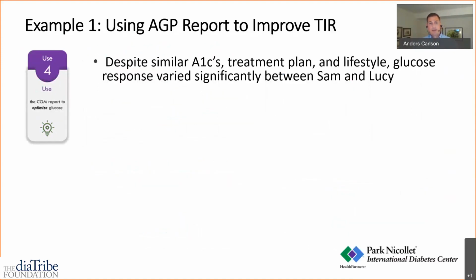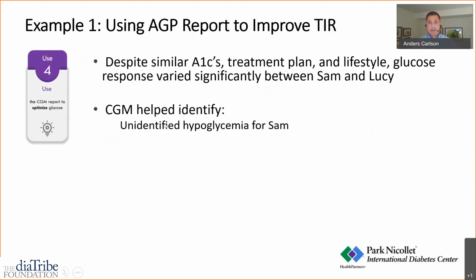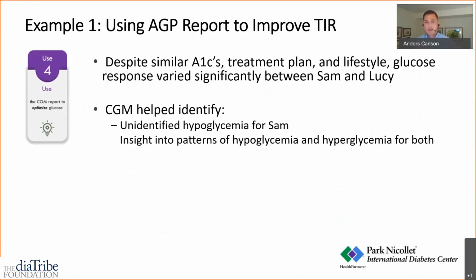And so what we can learn from here is that, despite having very similar A1C levels and treatment regimens and so on, the AGP was quite a bit different between these two individuals. And the CGM helped us identify hypoglycemia for Sam that he wasn't previously recognizing, and also patterns of both hypoglycemia and hyperglycemia.